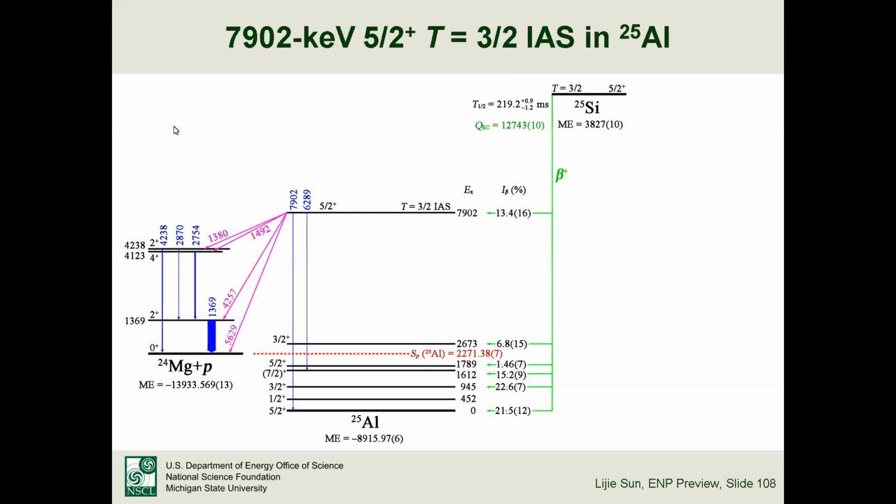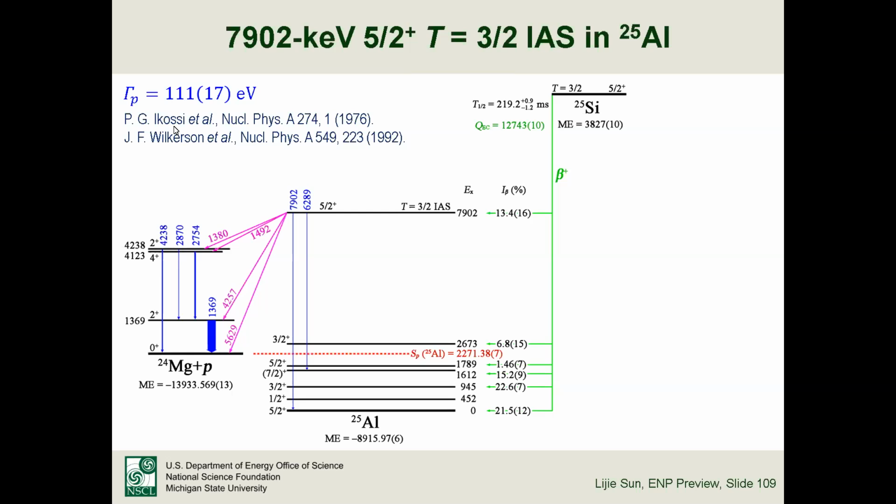Now let's talk about the most important state we observed in aluminum-25, the lowest T equals 3/2 IAS, short for isobaric analog state, at 7.9 MeV. For this state, the proton partial width was already determined to be 111 eV in the proton scattering measurement using polarized proton beams.